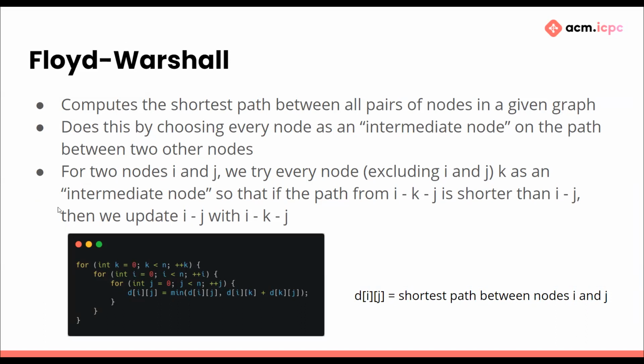We can store the distances in a matrix, a 2D array called, in this case, D. So D[i][j] equals the shortest path between nodes i and j. And from this property, D[i][j] should equal D[j][i], because the distance between nodes i and j should equal the distance between nodes j and i. We can just go backwards along the path and get the same distance. So that's just a property of this matrix.